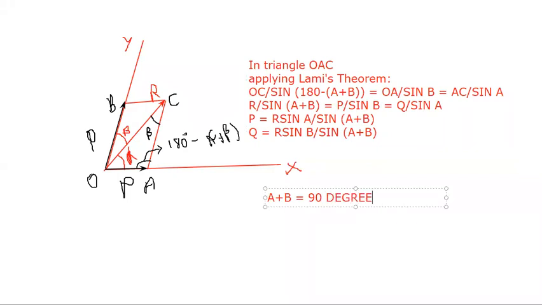Resolving a vector into two rectangular components means x and y are perpendicular to each other. So if x and y are perpendicular to each other, alpha plus beta will be 90 degree, right? So what is sine 90 degree? 1. And what will be beta angle? It will be equal to 90 degree minus alpha.